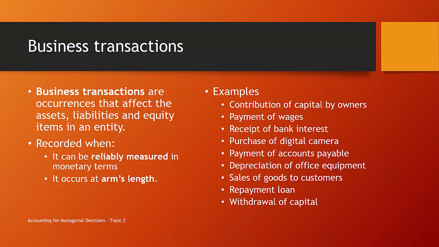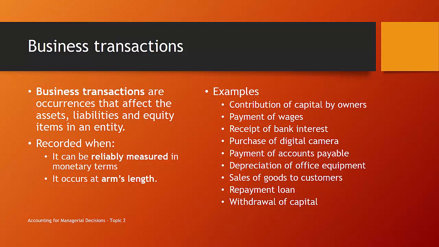Examples of things which aren't a business transaction would be shares which are traded. If we use Woolworths, the shares which are trading hands at the moment on the market, those share trades are not a business transaction in relation to Woolworths.